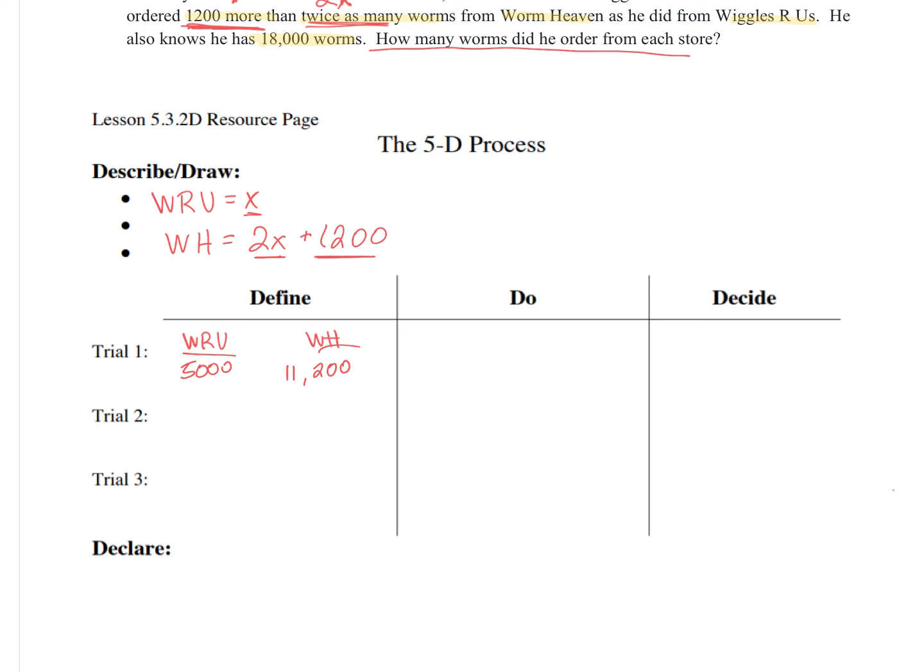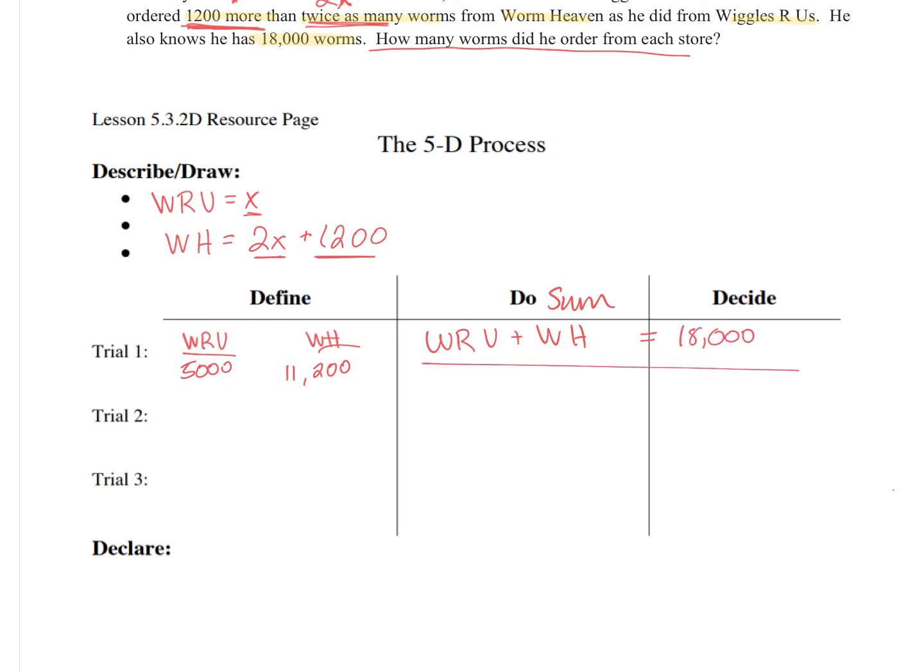In the do part, we know that he ordered 18,000 worms total. So we need to find the sum of Wiggles R Us and Worm Heaven, and we're deciding, is that equal to 18,000?